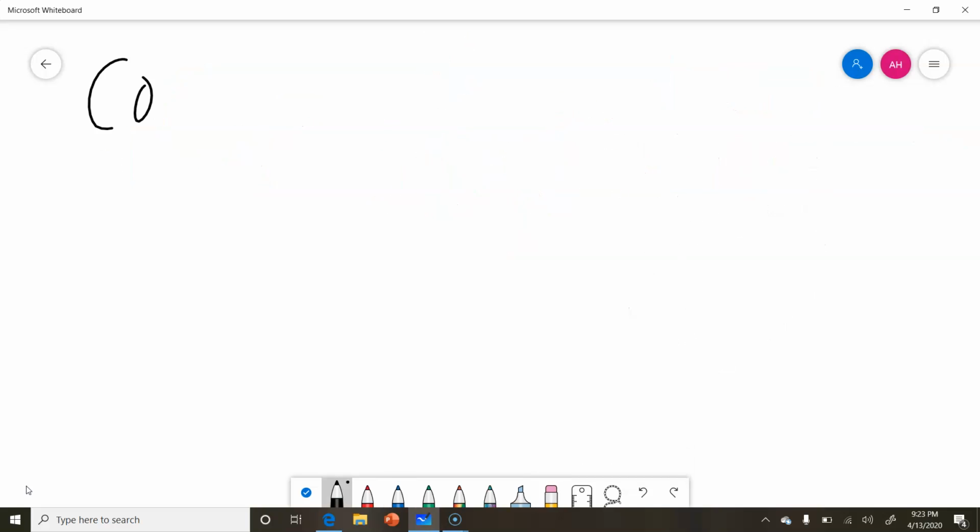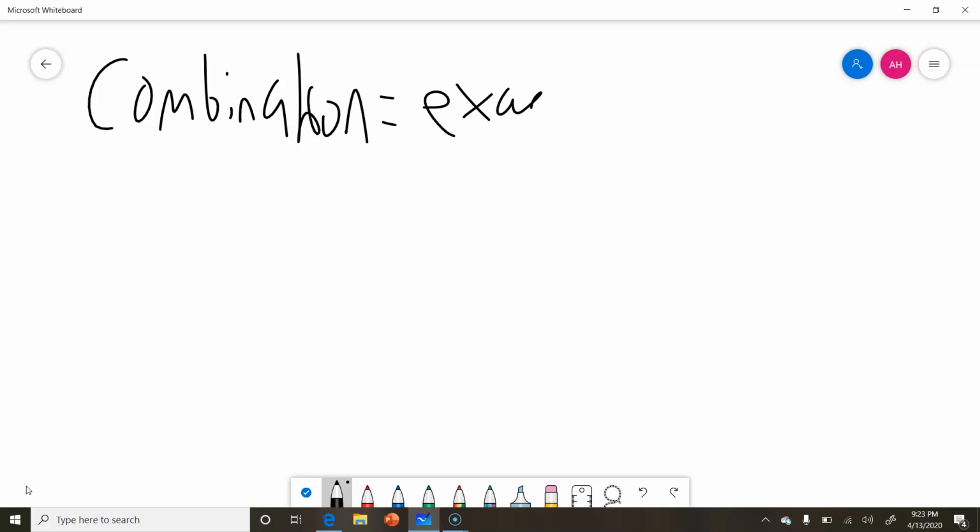So, combination. How do we know when something is a combination? Here's the key part that they do. It's more of an exact sounding. Okay, so these are some of the phrases that they'll often use. Is choosing. Okay, the word is choosing. So if the word that they use is choosing, it's usually a combination.